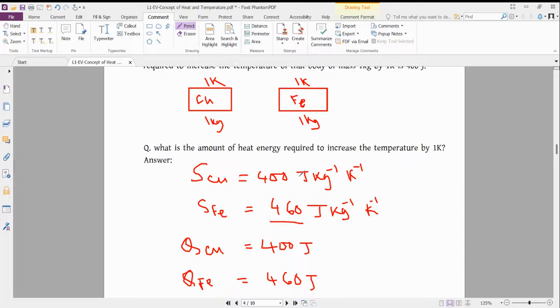The key information, the message of this question, is that although we are supplying different energy to different bodies, the change in temperature is the same.